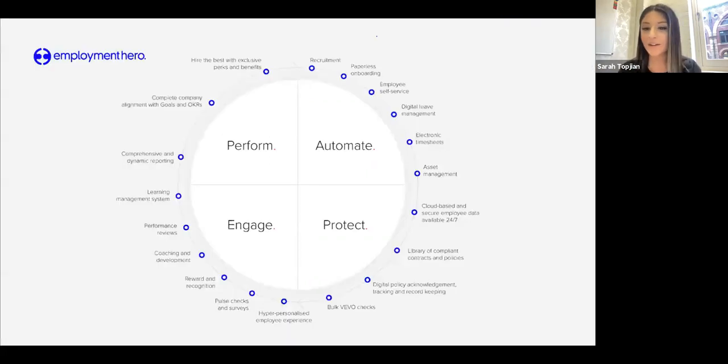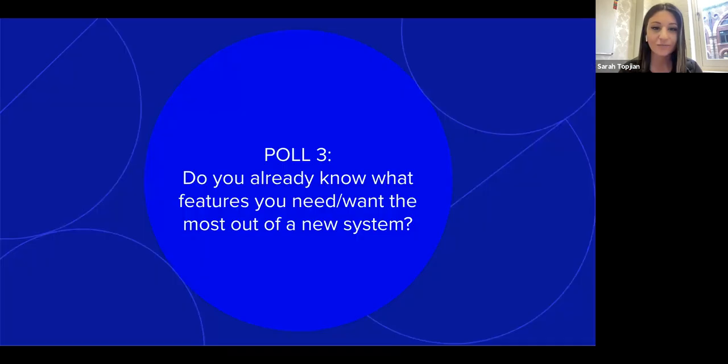So here's something that you might want to screenshot, or we will send you this afterwards along with a bit of information. This is what Employment Hero does as part of our offering. So it does actually tick a lot of the boxes around the life cycle of employees, but this is a nice screenshot to say, okay, can Employment Hero meet the needs in these areas? And you can actually cross-check this against your matrix.